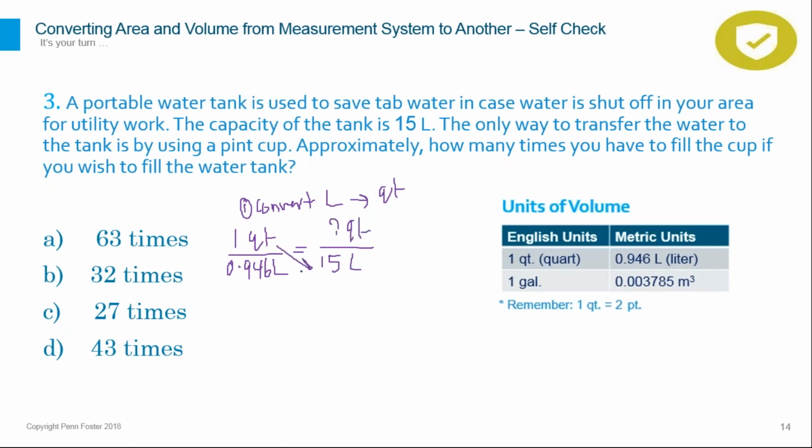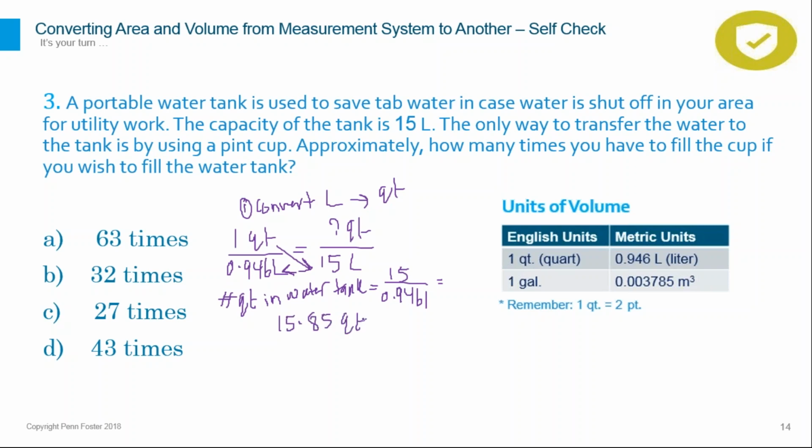Same idea, multiply, divide. So number of quarts in the water tank equals 1 times 15 is 15, and then divide over 0.946. Use a calculator, and that will give you how many quarts the water tank is.